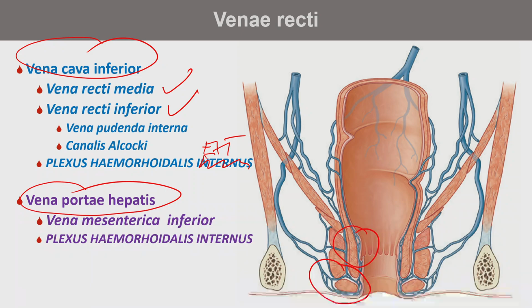This hydrostatic pressure could also have an important role in the development of hemorrhoidal varices. And hemorrhoidal varices could be a source of bleeding, a source of inflammation, and a source of problems for the patient. Very frequent problems in the human population.